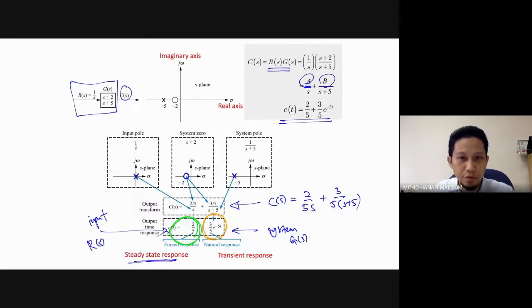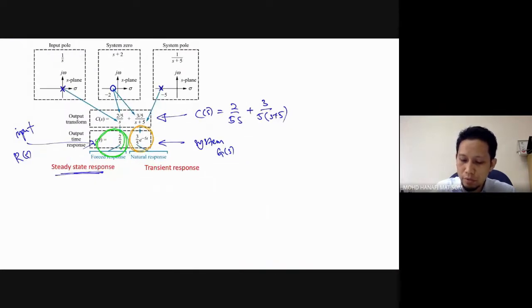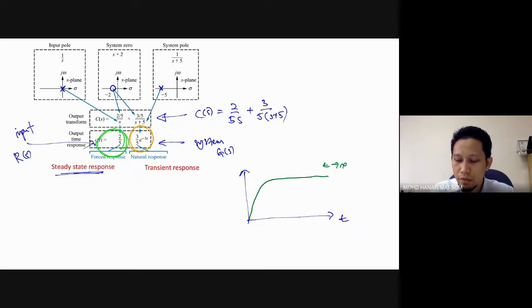The steady state response, meaning when you plot it over t, what you get is a response something like this. You have the first part, the transient response, and then until time approaches infinity, you get the steady state response.